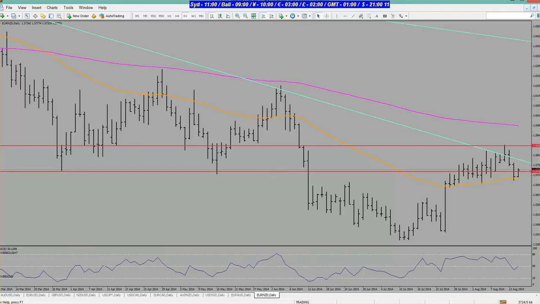Could you explain why there is a difference between the fib expansion tool and its levels and the fib retracement tool we normally use? Well, they're two different tools. Even if the levels set in the expansion tool are the same, they don't give the same results. No, well, it's how you use them.